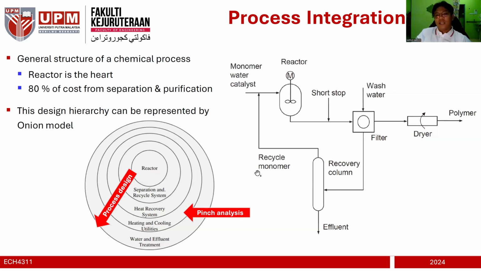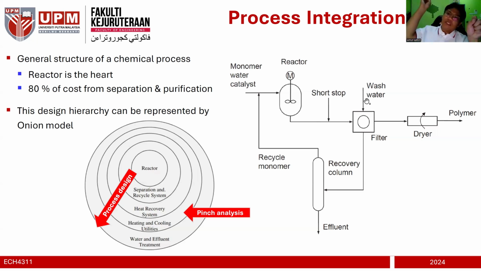As you can see, here is another example where you have raw material put into the reactor, and then it produces monomer plus water plus a catalyst, right? So you have three things: catalyst, water, monomer. The reactor outputs a polymer, still unreacted monomer, still water, and then the catalyst. At this point, the polymer becomes solid, so you have to wash it with water.